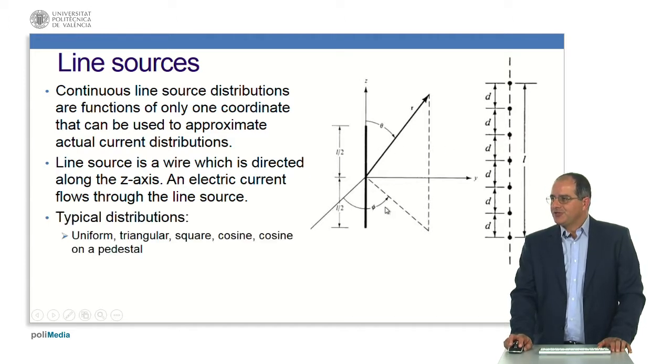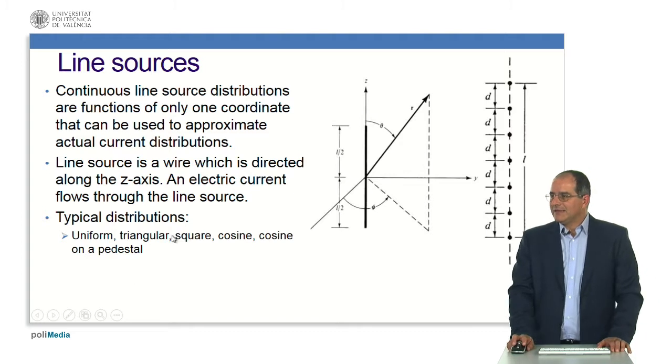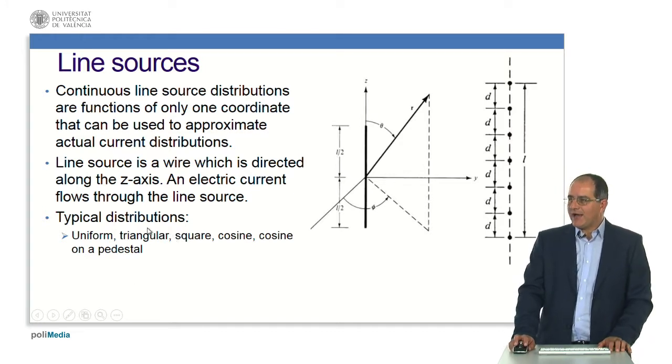The goal we are aiming at is to have typical current distributions, for instance, uniform, triangular, square, cosine, or cosine on a pedestal, in order to make the Fourier transform and find the electric and magnetic field after finding the corresponding vector potential.